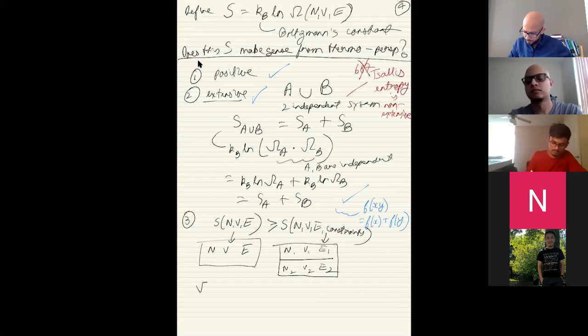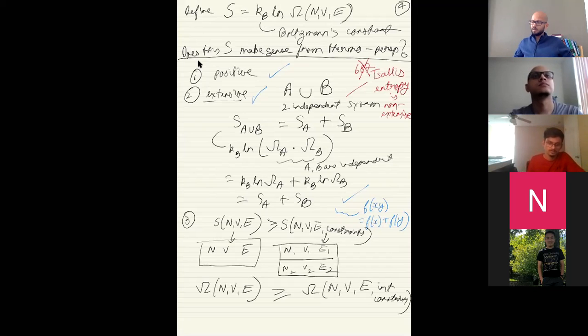So you can see clearly that the number of microstates for the system on the left is going to be more than the number of microstates for the system on the right with internal constraints. Why do I say that? Because any microstate on the right is clearly an allowed microstate on the left, correct?